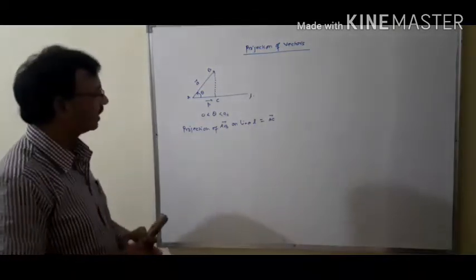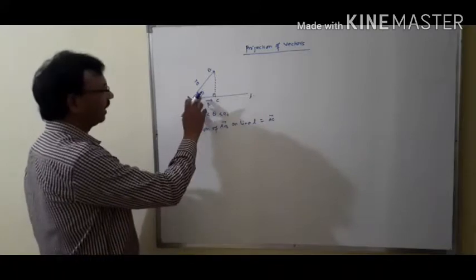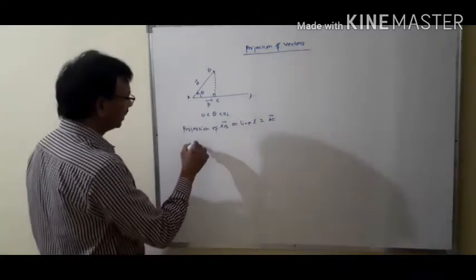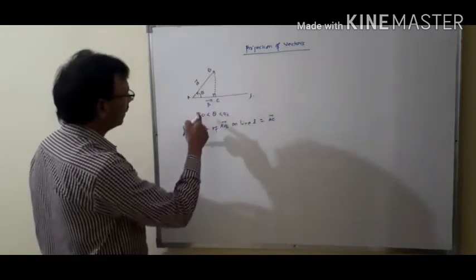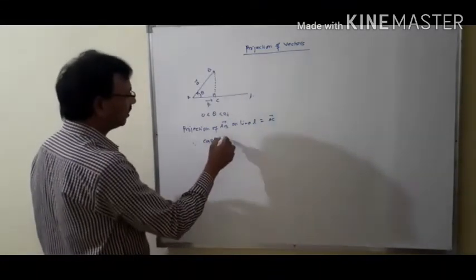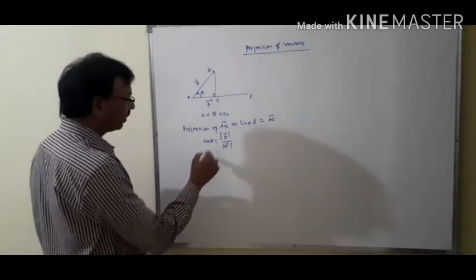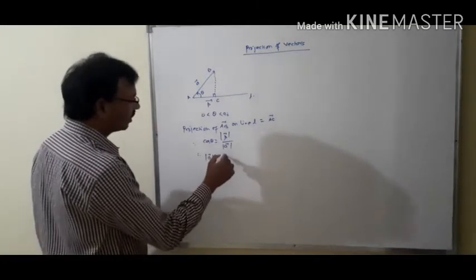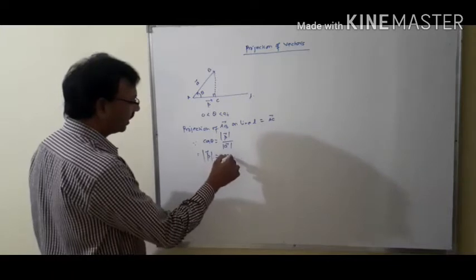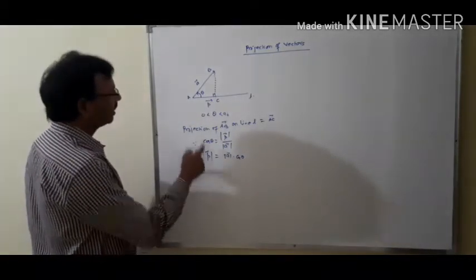But how to find the projection AC? Now this is a triangle ACB, and theta is the angle between vector A and vector P. So in triangle ACB, cos of theta equals base upon hypotenuse, that means P upon vector A. Since this will be in magnitude, therefore P is equal to magnitude of A into cos of theta, and P means AC.